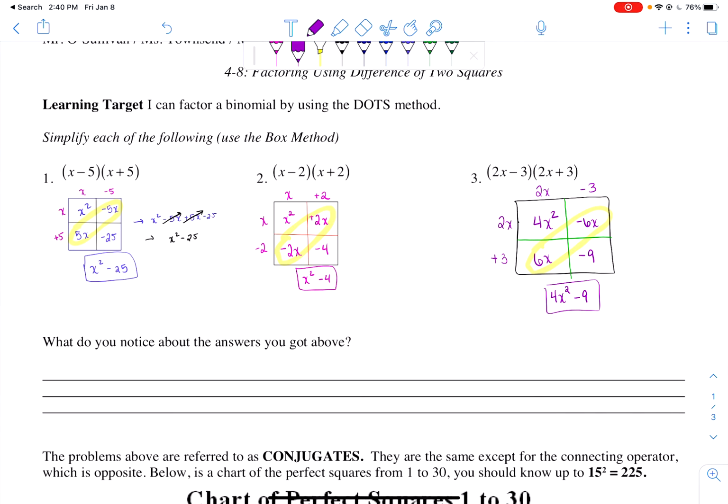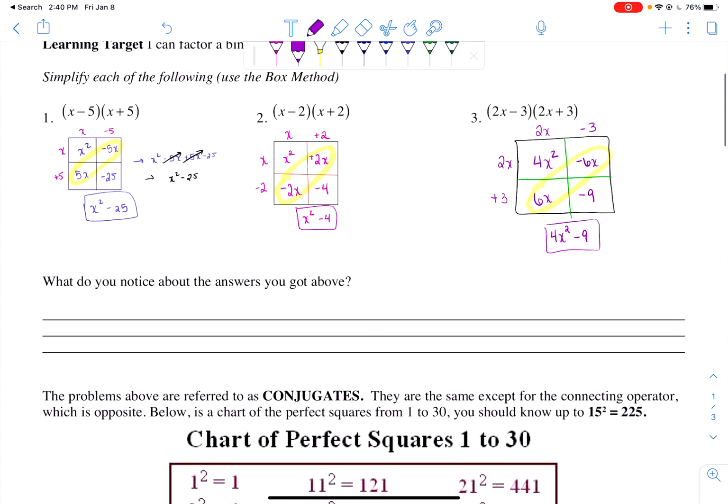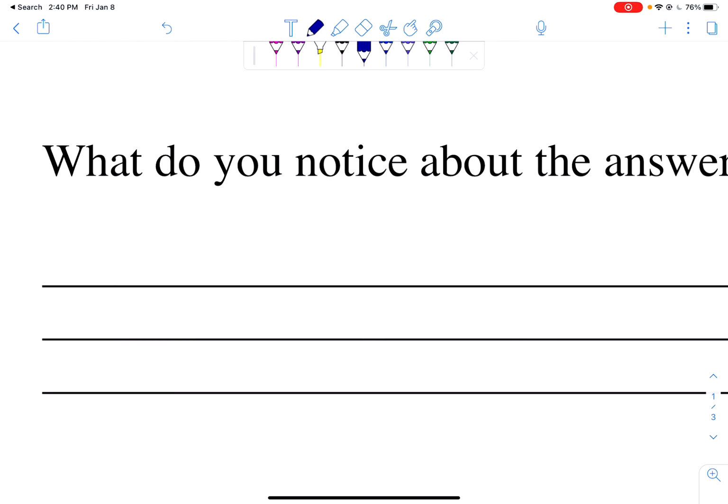So what do you notice about the answers that you got above? This is the Edpuzzle question, so you're going to have to answer this question on Edpuzzle. But what I notice is that all of my final answers have two terms.